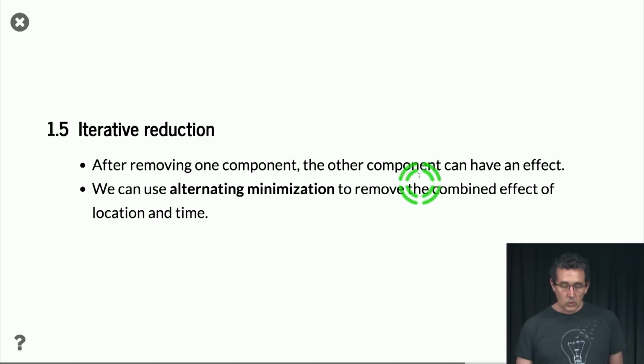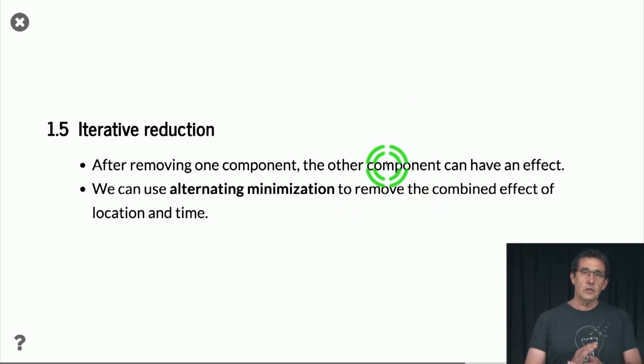So what we can do even beyond that is that we can do an iterative reduction. Once we subtracted the mean according to the years, let's say, then we still have a residual which we can try to explain using the stations. And once we subtract that, we can go back to the years and correct that.